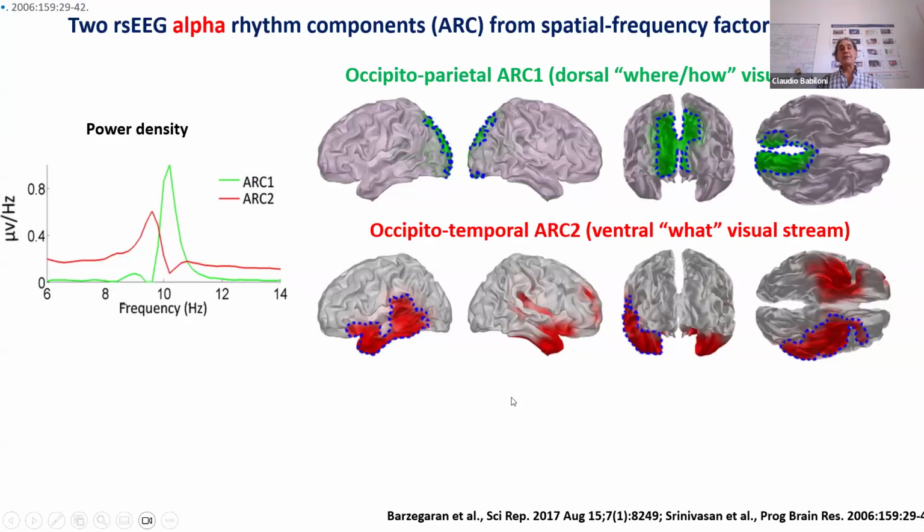So the alpha rhythms in the resting state condition at eyes closed are mainly related to visual spatial and ventral visual stream pathways in the cerebral cortex.